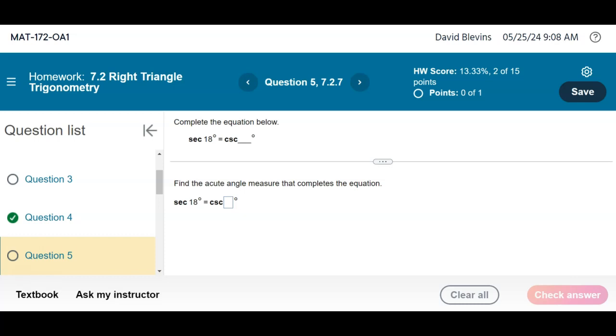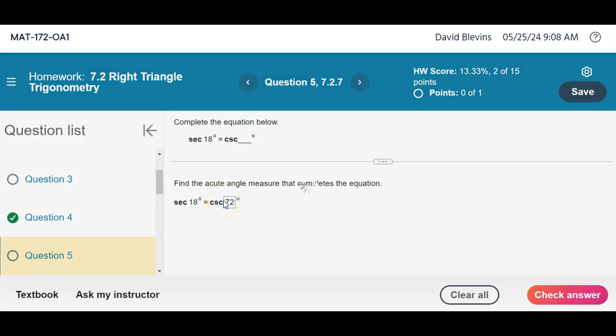So because I see secant and cosecant, I see that cofunction property. I need to take this number that's in one of the trig functions and subtract it from 90, find the complement, which is 72, and that is the angle that would go into the other one and give me the same output. So secant of 18 is the same as the cosecant of 72.